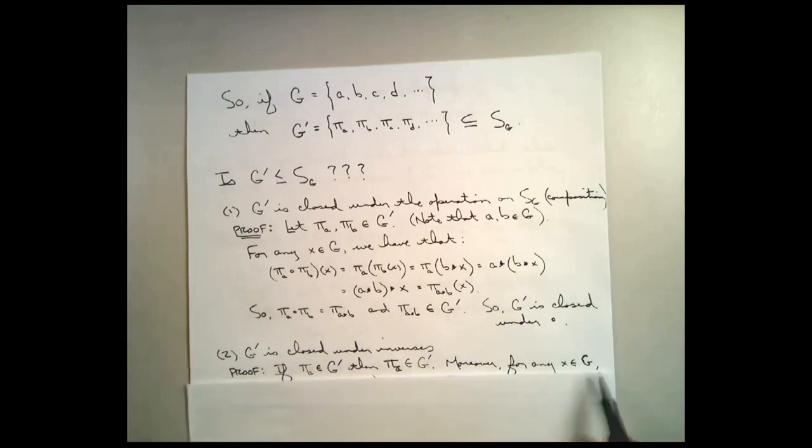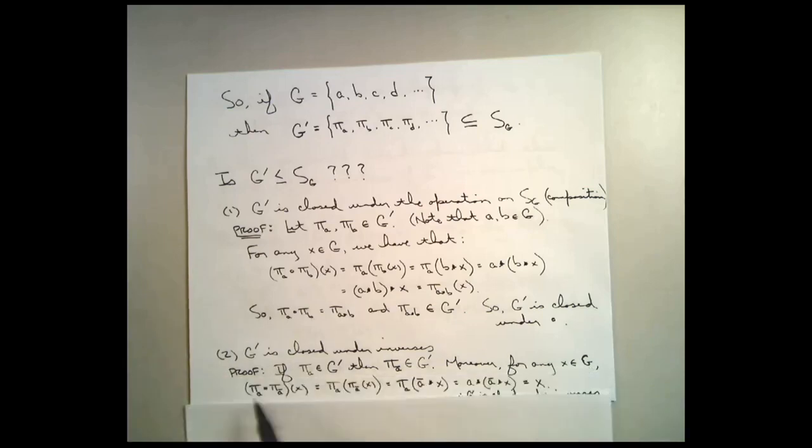But if I take any x out of G and apply pi sub A of pi sub A inverse to x, what I get is, by definition of composition, pi sub A of pi sub A inverse of x. And then by definition of pi sub A inverse, I can write A inverse times x for the image of x under pi sub A inverse.